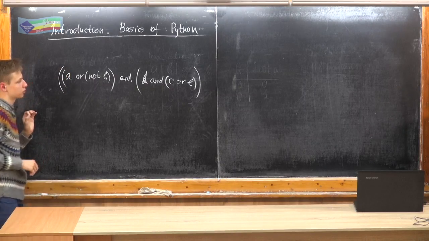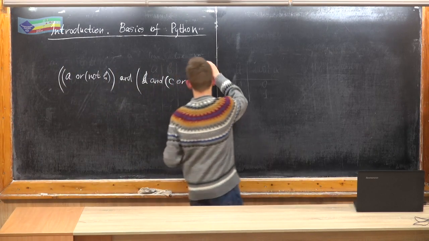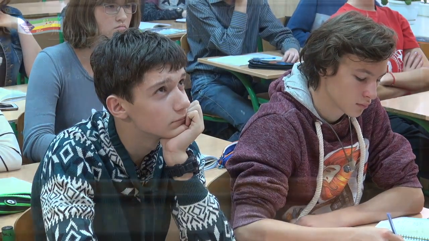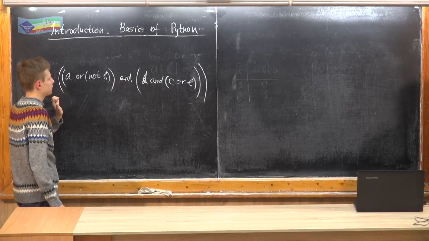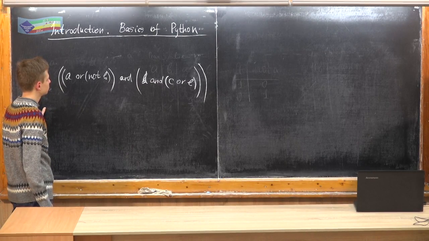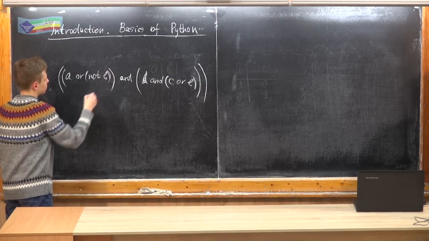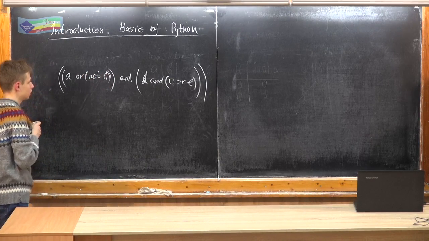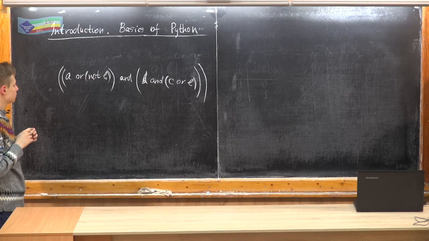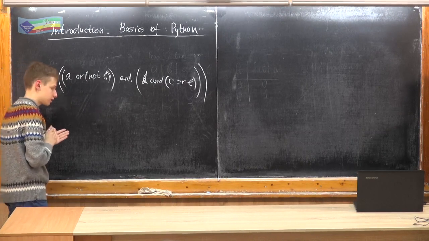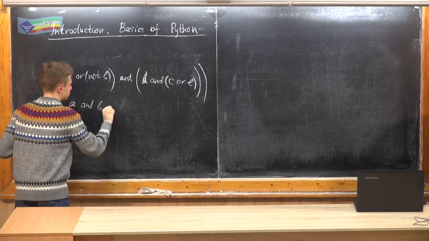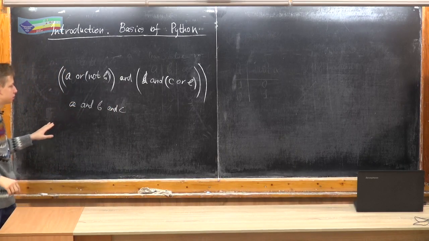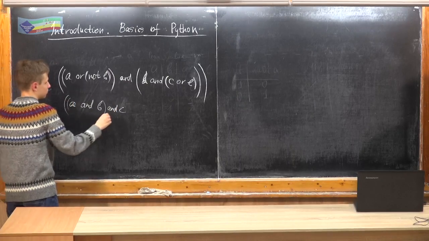And if you want to write a full condition, then you need to put it in brackets in order for Python to recognize it. Also, it's probably better to put brackets on every single logical operator, but in some cases you don't need to. For example, if you have A and B and C, you don't need to put brackets here and here.